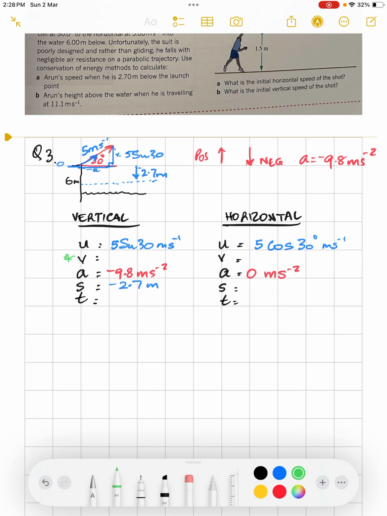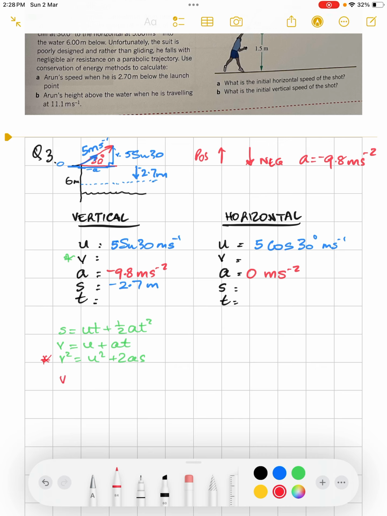And there are 4 equations. There's s equals ut plus half at squared. There's v equals u plus at. And there's v squared equals u squared plus 2as. Now we don't know time, so we won't use the first one or the second one. Let's use this formula here because we know u, a, and s.